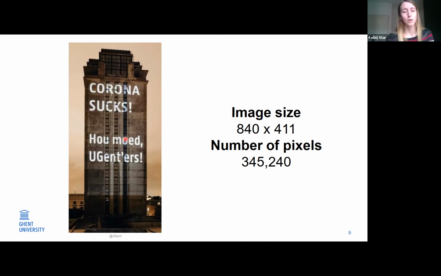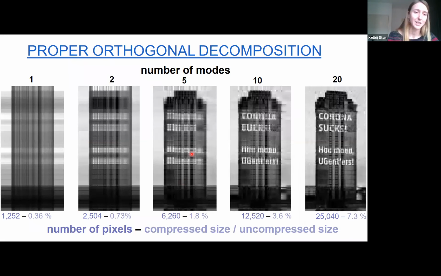So what I'm going to do is apply a technique called proper orthogonal decomposition, basically a type of image compression. By applying POD onto this image, I'm decomposing the image into a set of modes, and each mode contains some information of the image.